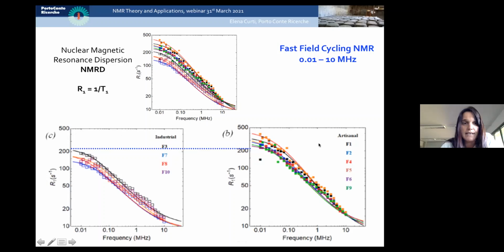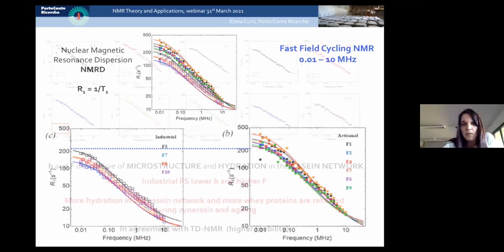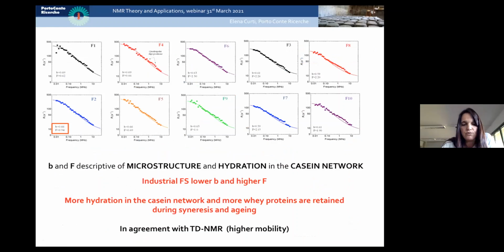So they have a lower relaxation rate and a higher T1. We were able to fit this curve with different mathematical models. We chose a mathematical model that was able to give us answers that could in some way describe how the casein network was influenced by the processing of this sample.